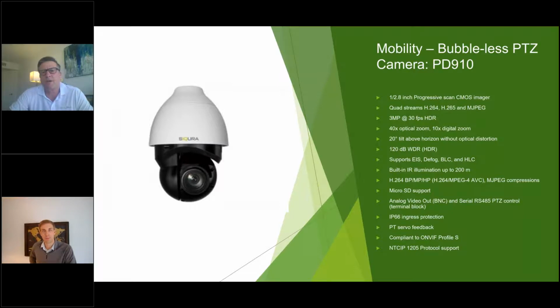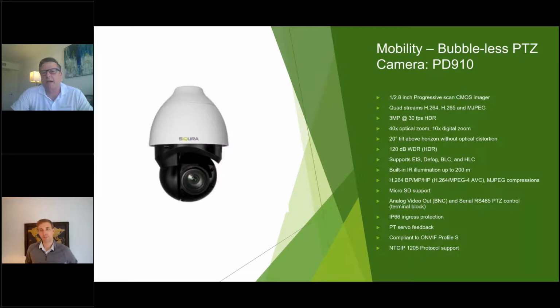The other issue is that this will go 20 degrees above horizon. Other dome or bubble cameras can go over horizon, but you'll often find that when you get to horizon, it'll start to distort because that's where they start running into the ring around it. So you really can't get much higher than horizon with most bubble cameras.